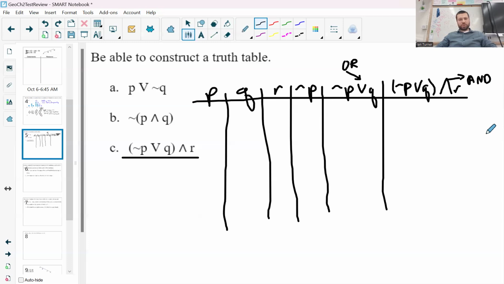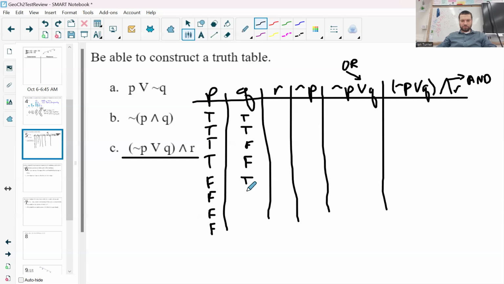Well, we're not even done with the setup, right? Now we're going to go 4 trues, 4 falses for P, right? Remember how we do this? And then for Q, we're going to alternate between 2 trues and 2 falses.